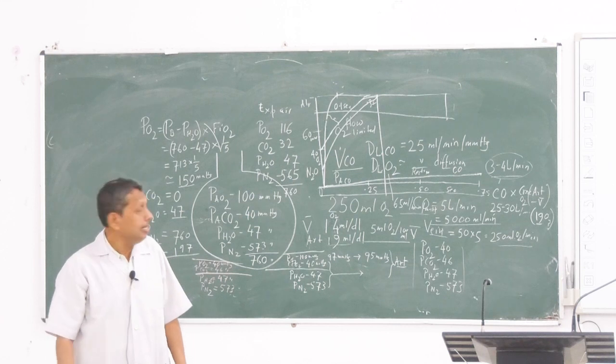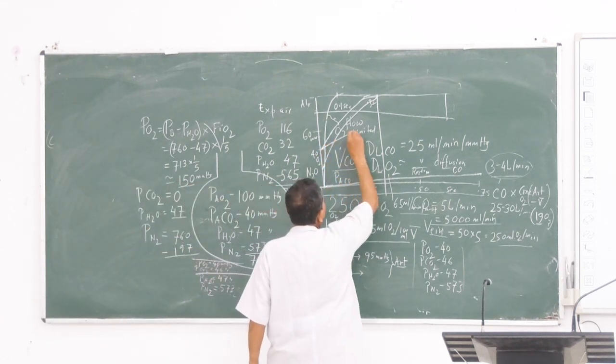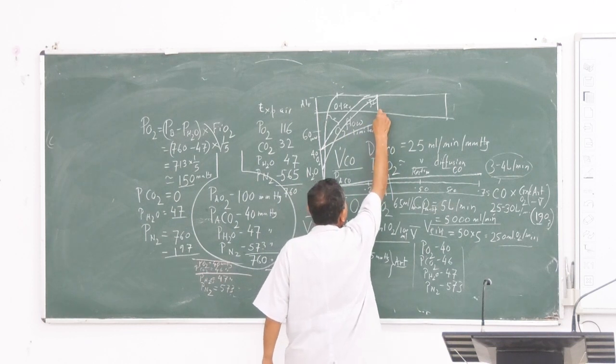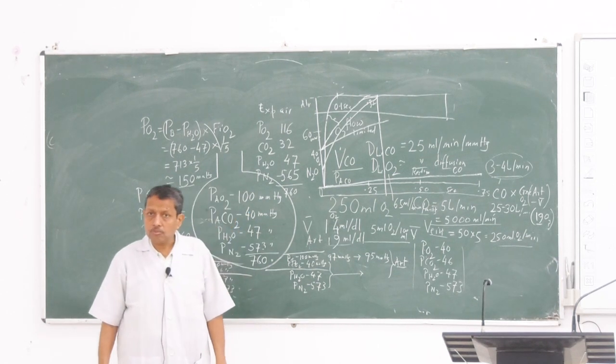It may reach the alveolar level in some conditions. But during exercise, where the time is limited, it may be diffusion limited in case of oxygen also.